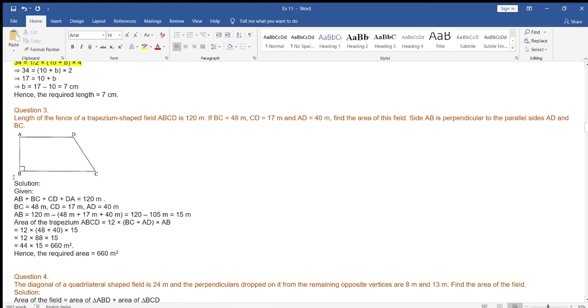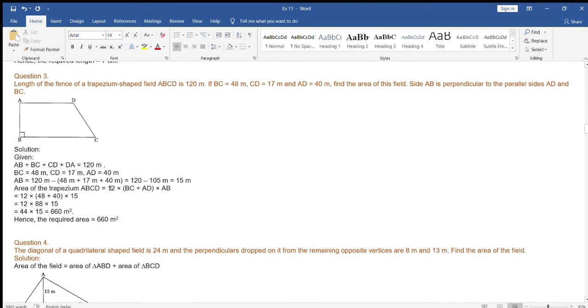So how will we find this perpendicular distance? In this trapezium we have the sum of all sides, that is the perimeter, and we have three sides. When we subtract the sum of these three sides from the perimeter, we can find the remaining side. Then again we use the same formula, half the sum of the parallel sides multiplied by height.